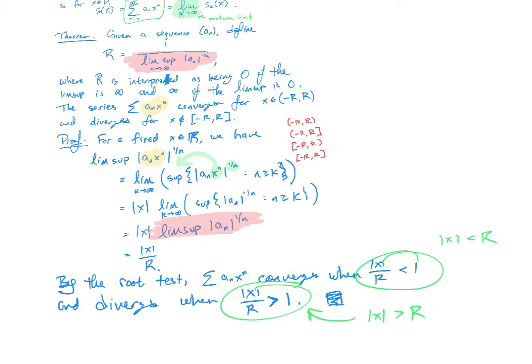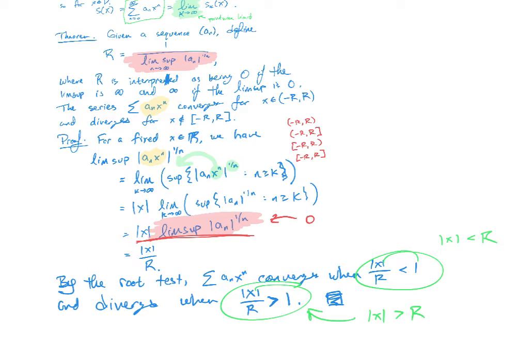If the lim sup is 0, so if that thing is 0, then we always converge. Okay? Because just that quantity will be 0, and that's the root test quantity.